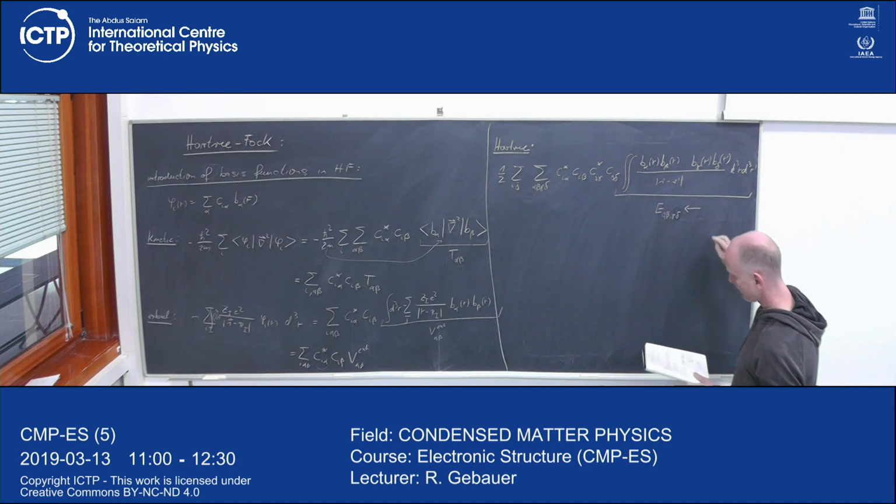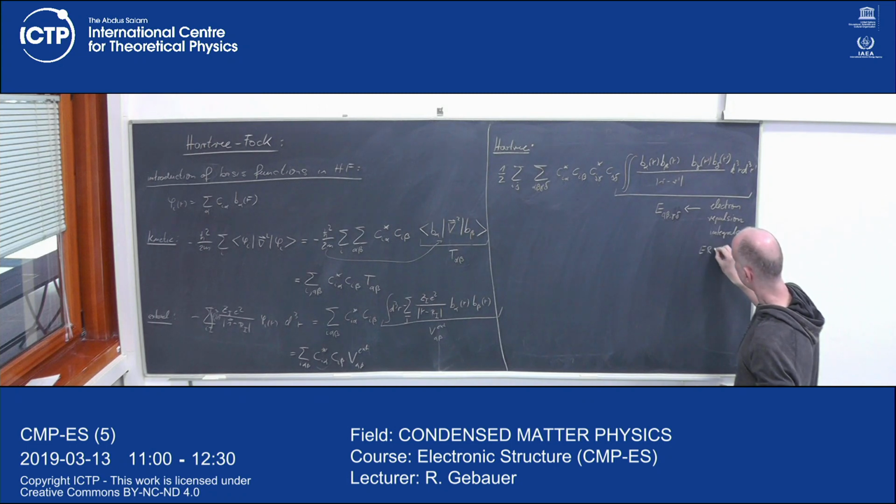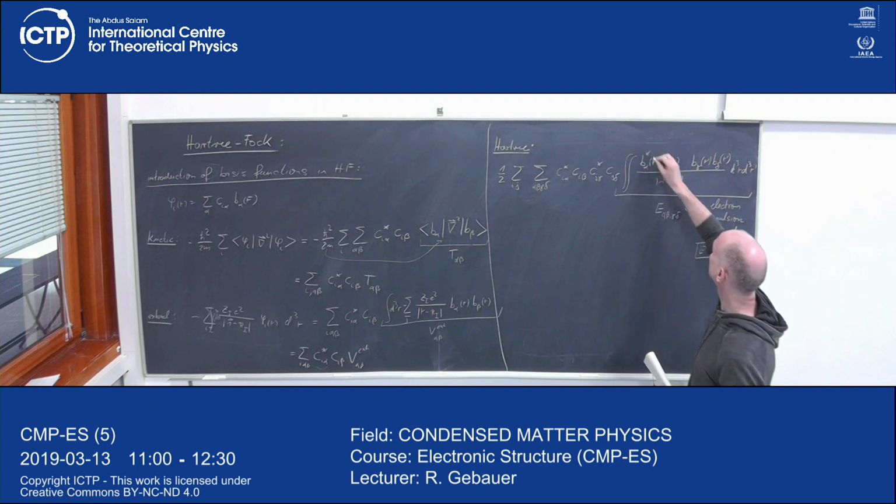They are called electron repulsion integrals, ERIs. Sorry? Shouldn't that be complex functions? The basis functions are most of the time real functions. So if they are localized, otherwise, yes, otherwise you would have here complex conjugate.